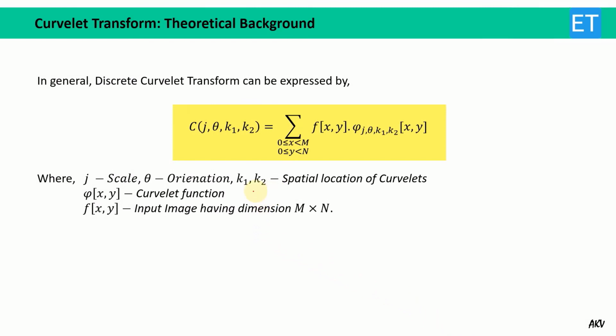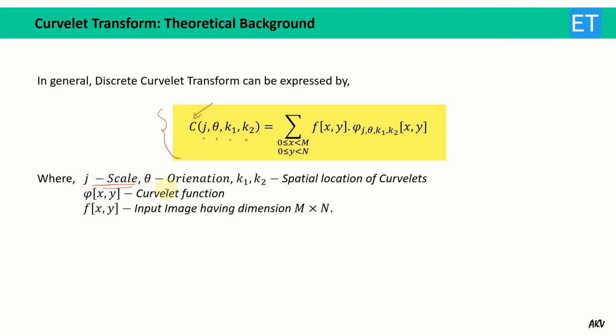Now let's see how you find the Curvelet transform. This is the basic expression. C represents the Curvelet coefficients, which are a function of j, theta, and k1, k2. So what is j? j is the scale.